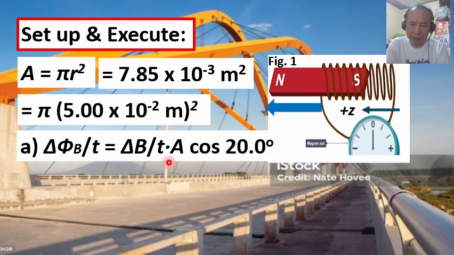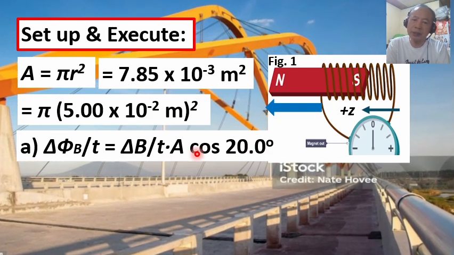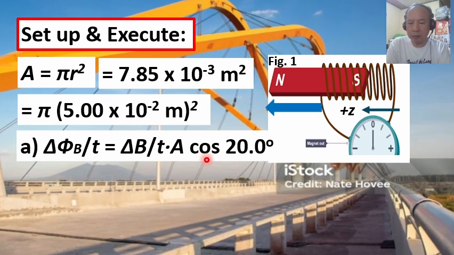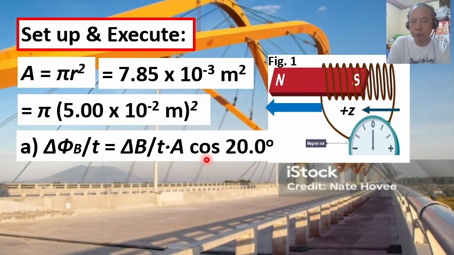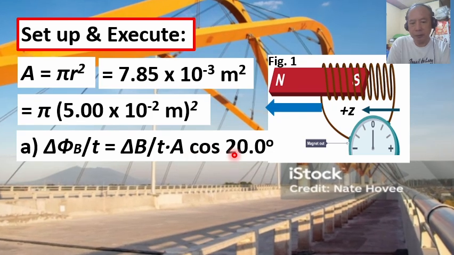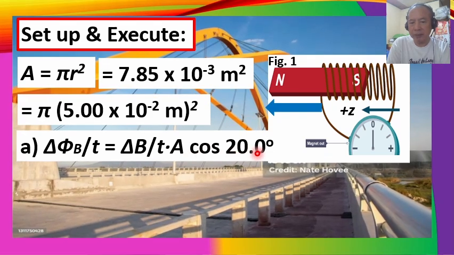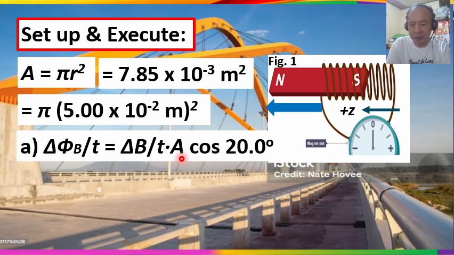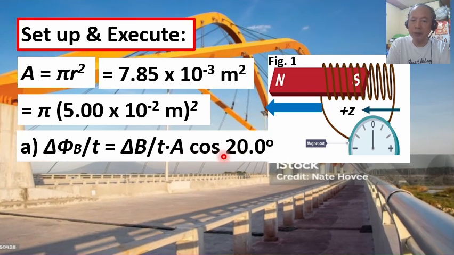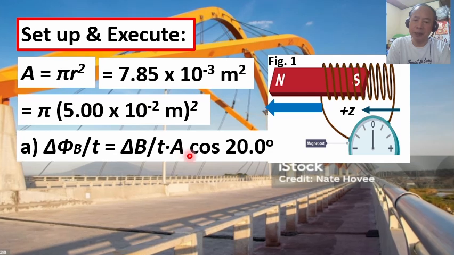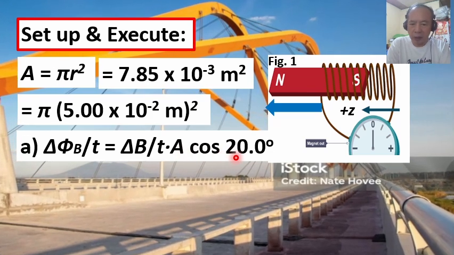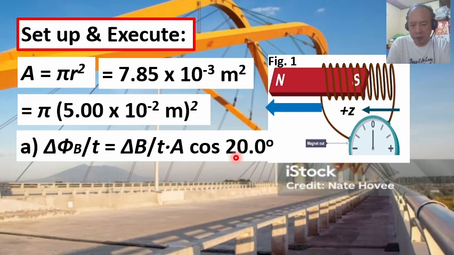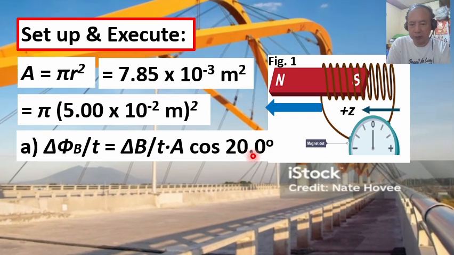So the formula is for us to determine the component of the area vector which is in the same direction as the magnetic field, and that is by getting the product of the area vector, capital A, and cosine of the angle, small letter phi, 20.0 degrees.